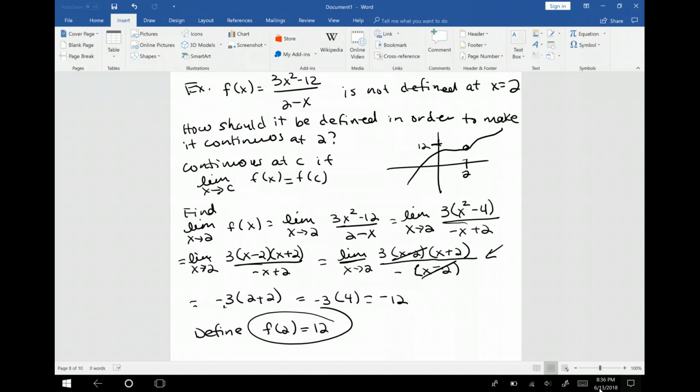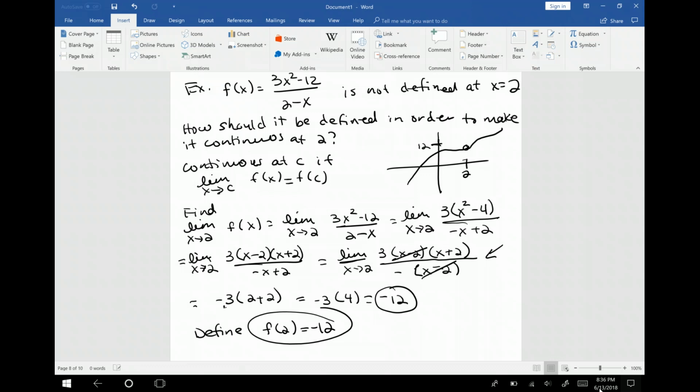Were you okay with that? I'm just wondering about the negative 12 that you got when you multiplied negative 3 times 4. When you have f of 2 equals 12, yeah, that should be a negative.